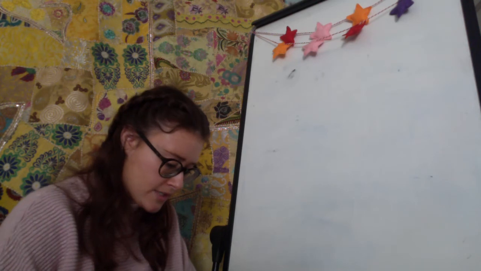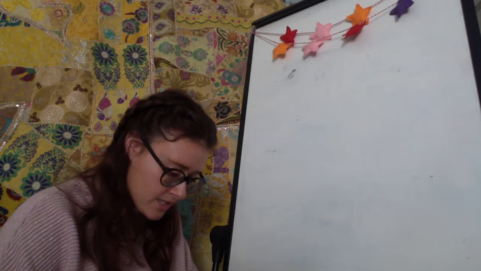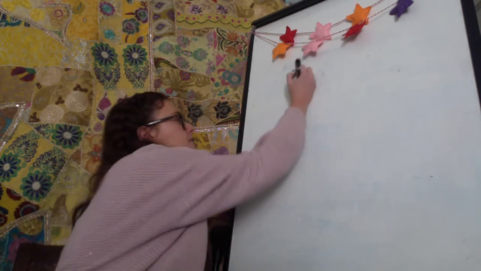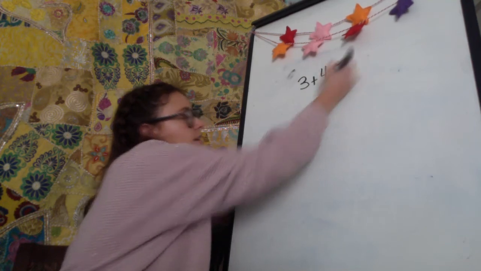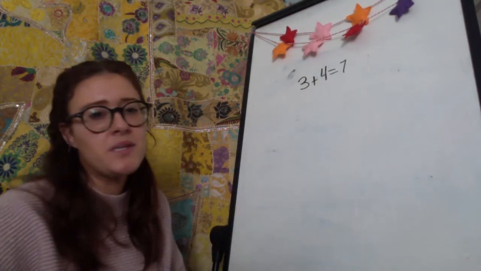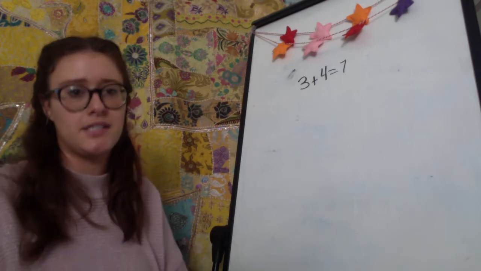The first question says, draw a picture of shapes showing 3 plus 4 equals 7, writing the numbers underneath your picture. So our first problem is 3 plus 4 equals 7. In my classroom, we don't really draw shapes that much, but we do draw circles and lines for our addition problem.